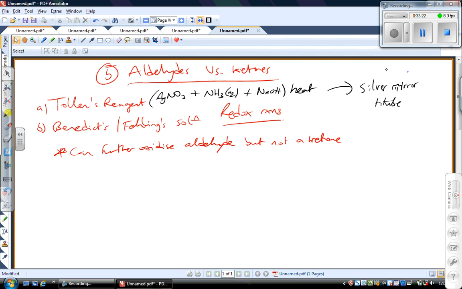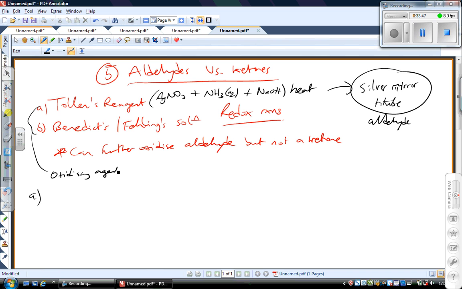But a nice silver mirror forms in the presence of an aldehyde. The chemistry behind that, just for Tollens', all you guys need to know is that both of these reagents are oxidizing agents, and so therefore they reduce themselves, and therefore you need to be able to write simple equations to show that reduction.